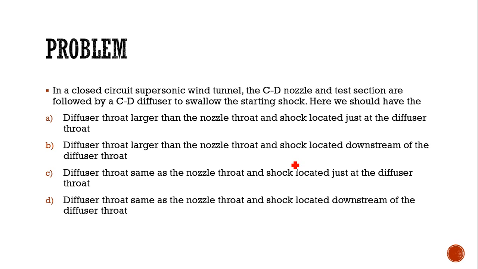From that diagram itself you can understand. See here, these two answers are wrong, because the diffuser throat is the same as the nozzle throat, so we can neglect these two answers. So we have these two answers only: diffuser throat larger than the nozzle throat, but shock located just at the diffuser throat.